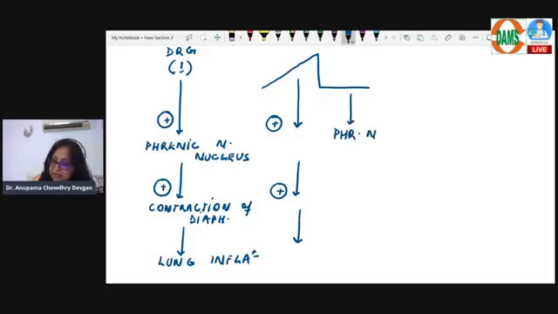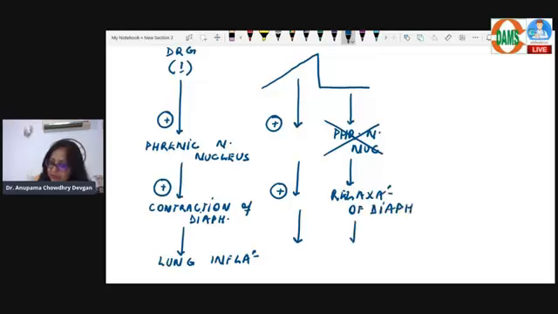If there is no stimulation of the phrenic nerve nucleus, there is going to be a relaxation of the diaphragm. And that leads to expiration, a passive process, right?